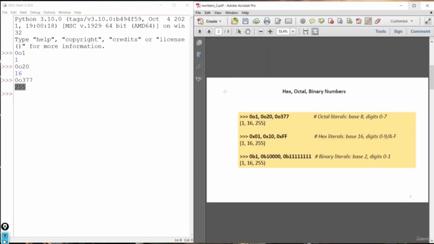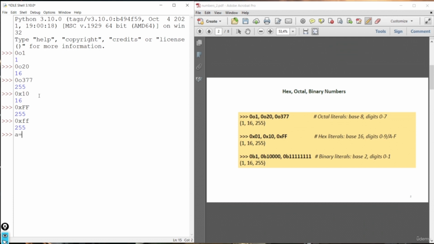So let's practice with these numbers. Let me write this one, 0b, this is zero, this is the small letter b, 1 0 0 0 0, that is 16. 0xFF, that is 255. I can use small ff, that also gives the same number. Note that Python is case sensitive for variables.